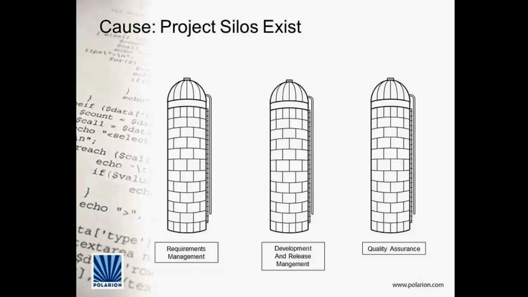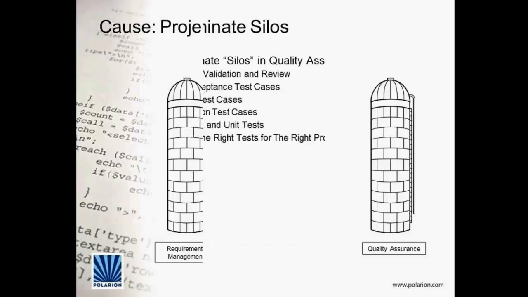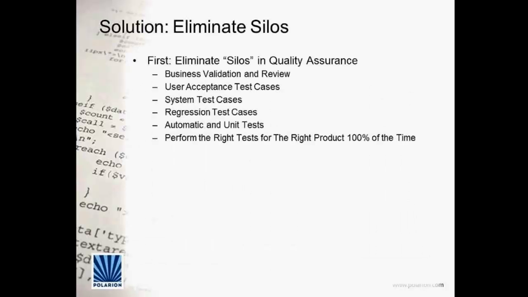The automated build testers test their automated builds, the manual testers test their manual tests, and the use case testers test their use case scenarios. Again, a lot of times these three groups might not have a lot of communication and a lot of linking between one another. This causes breakdowns in communication and can cause failures in either the running of the test cases or the verifying of different parts of the project. The solution for this is to eliminate these silos.